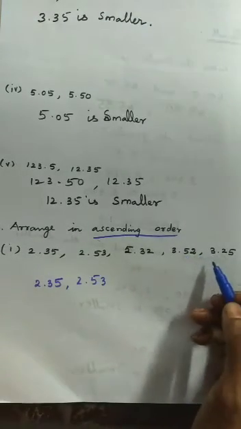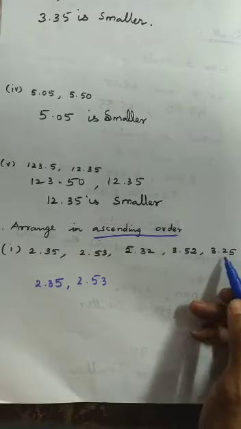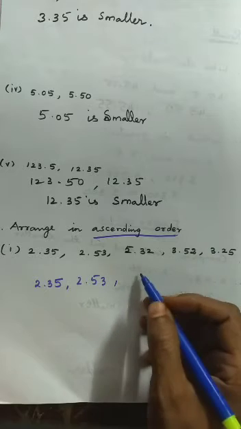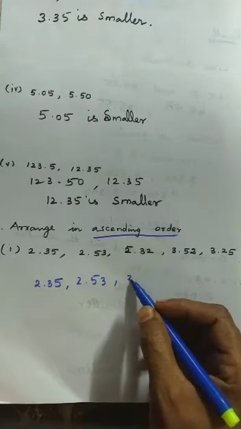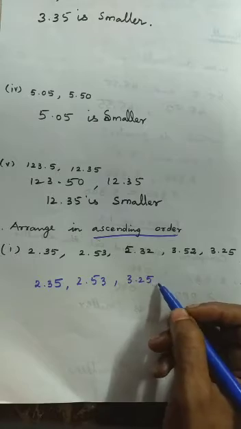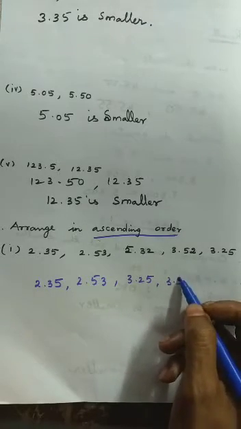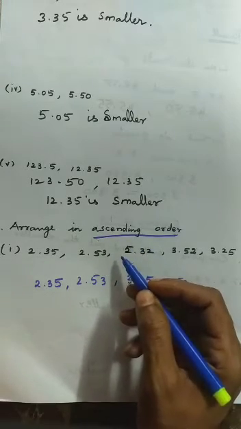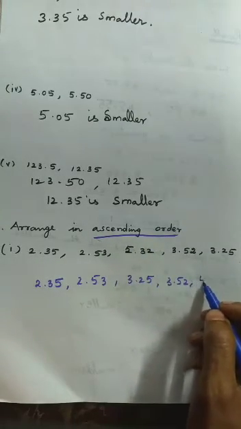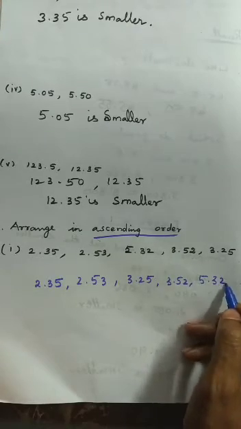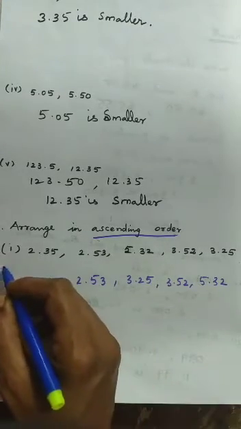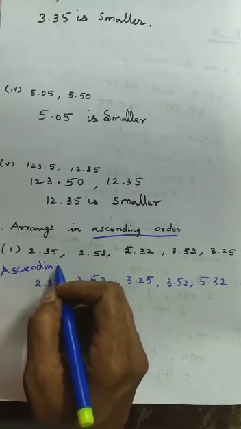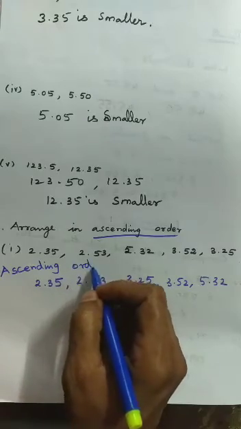Then take 3 point: 3.25, 3.52. So 3.25 is smaller, then 3.52. Next, this one is 5.32, the only 5 point, so you can write it last. We have written in ascending order.